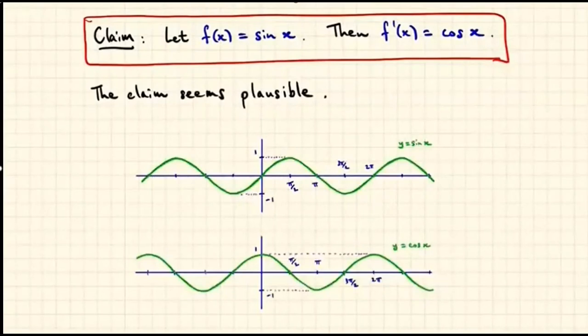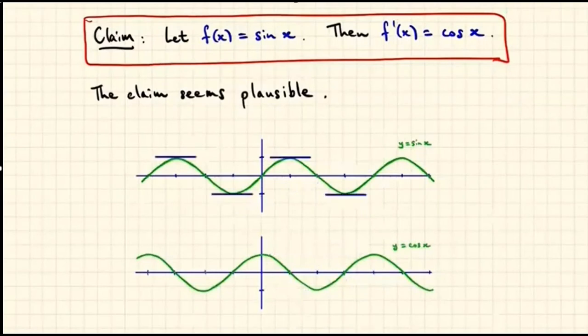Here are points on the sine curve having slope equal to 0. Notice that cos x takes the value 0 for exactly the same inputs.